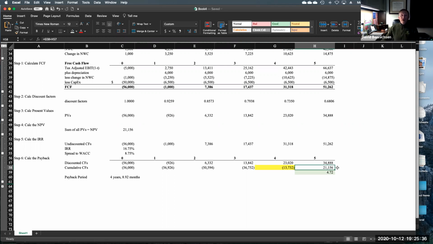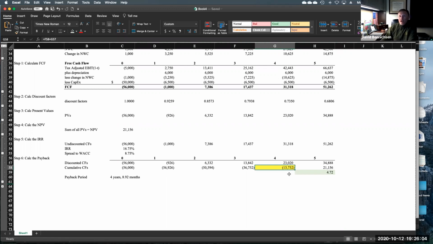So how do we figure out exactly where in year 5 we paid this off? Okay. Well, we know the first part of the payback period is 4 years. So we know we have a payback period of 4 years and something. Okay. And we know that at the end of year 4, we had $13,732 left to pay. Okay.